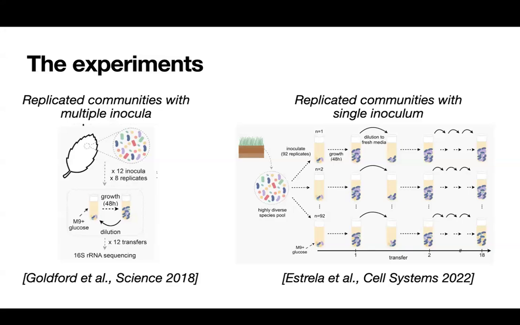And so basically this creates these dynamics. At the end, you have a community where many of the species that you had at the beginning went extinct, but you had coexistence also of many species despite the simplicity of the model.